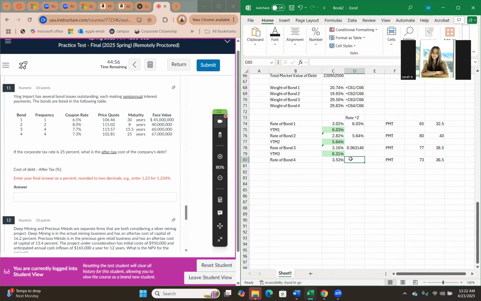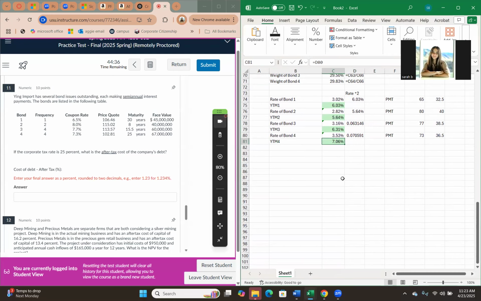Okay, so 3.53 is what we get there. Multiply that by 2. And then we've got our yield to maturity, which is right here. Percent and highlight. Okay, sweet.